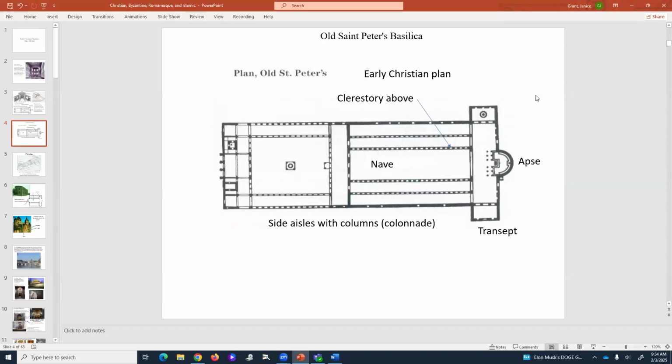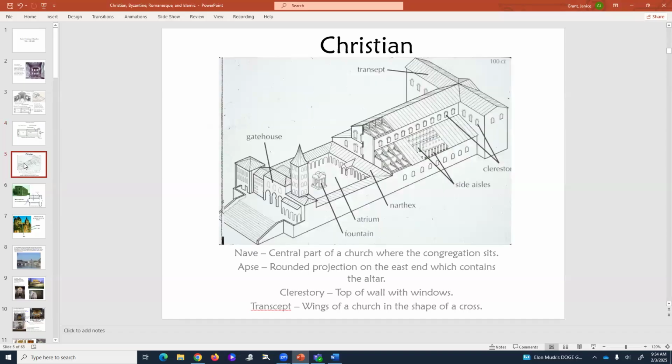This is a little courtyard here that you enter before you come into the church. The courtyard was in the early churches, but we don't see it as much as an outdoor space, like this 3D view here of it all.